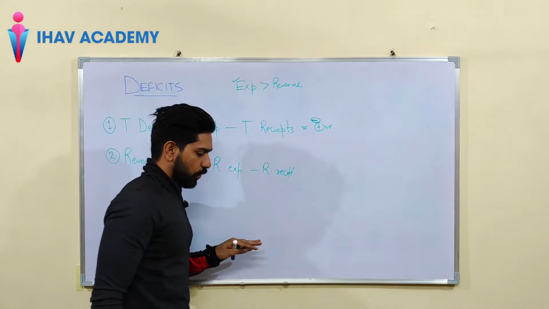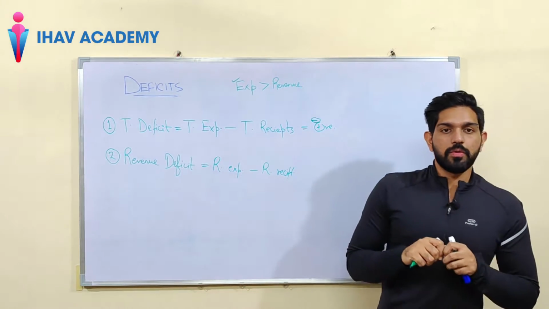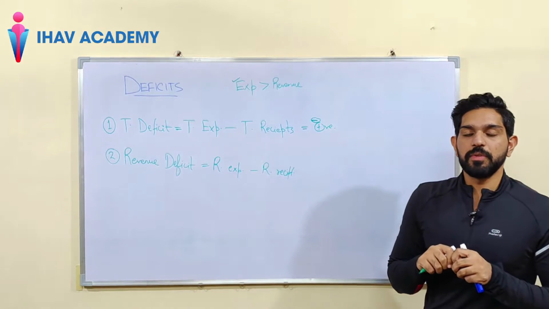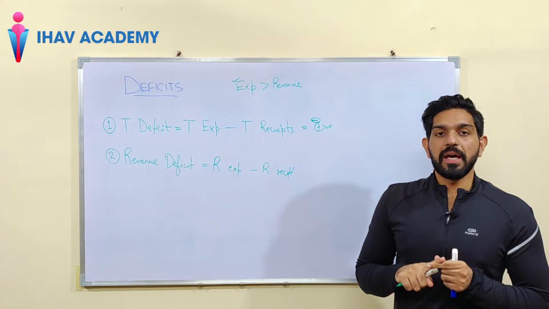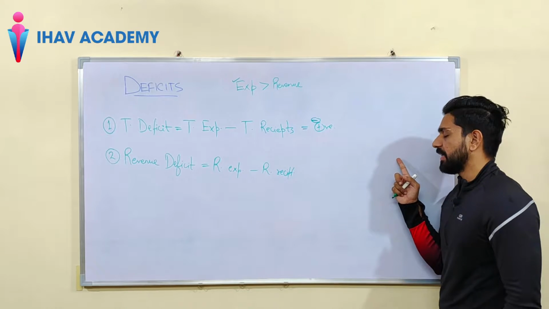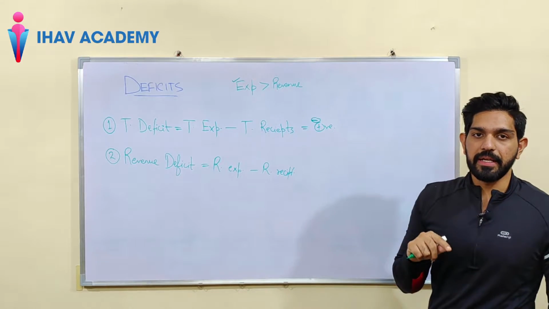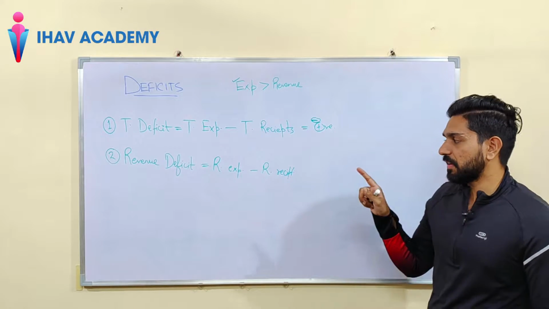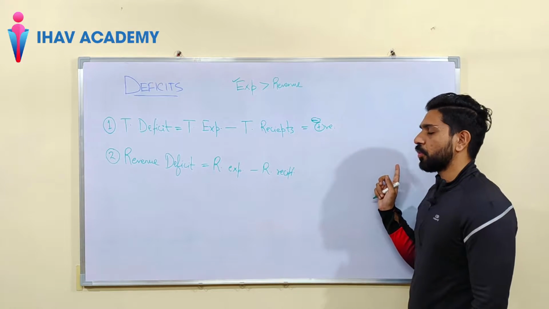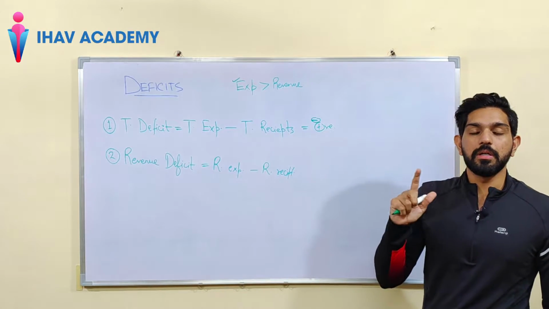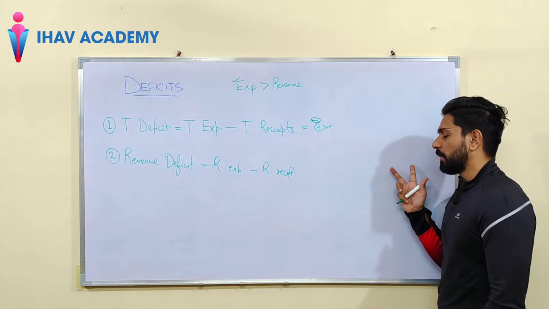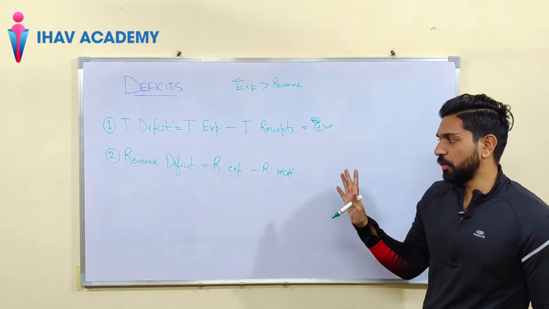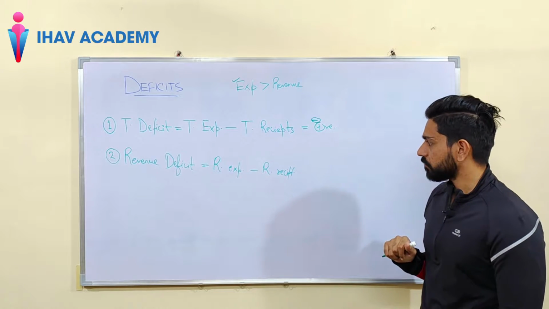Also I told you that whatever transactions fall into revenue, they are neither creating any assets nor any liabilities. It means the revenue part of the budget which is not altering the asset or liability variable, वो सब revenue में आएगा, मैंने आपको बताया था.